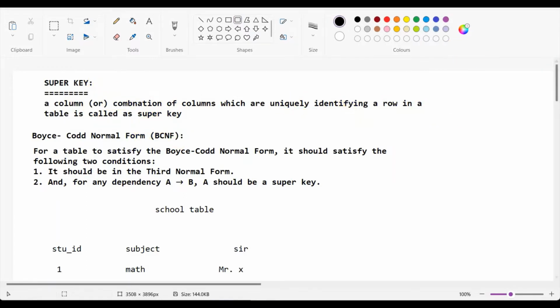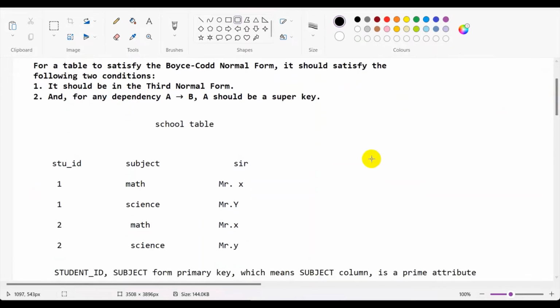So let us see the example. In this table, this is a school table, so you have to find what the super key is here. These two columns are the composite primary key.